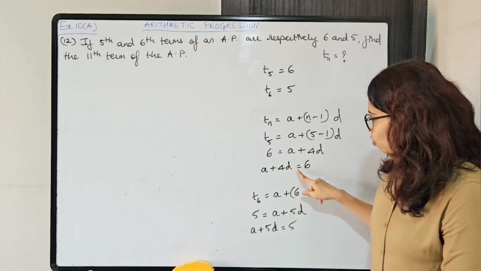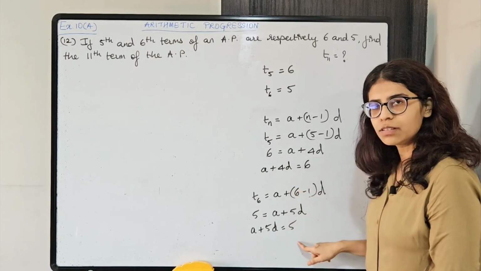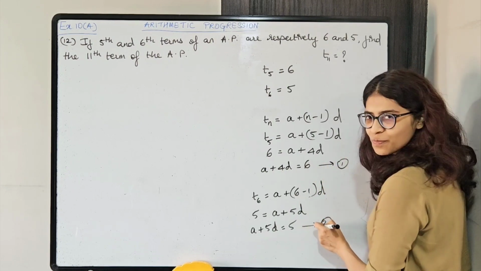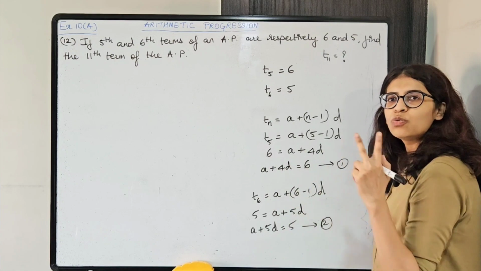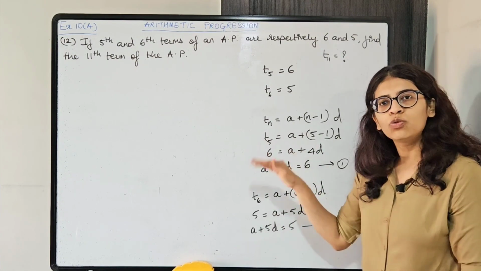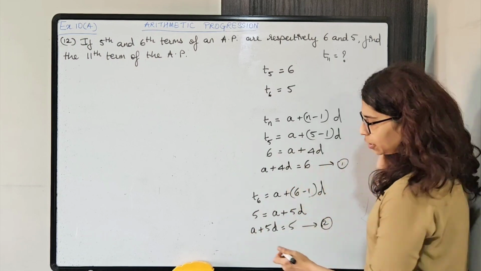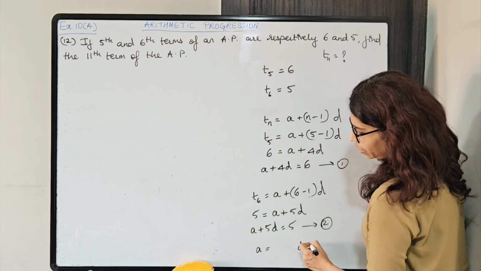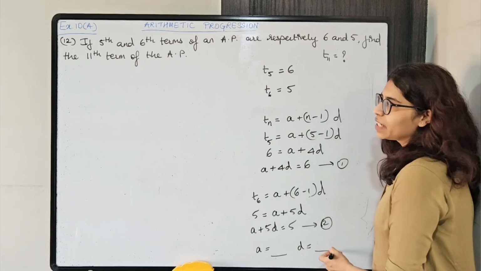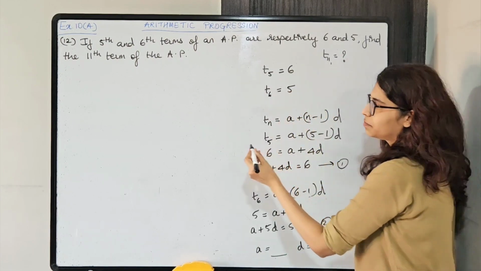All right, so we got two equations over here. Mark this as 1, this as 2. These are linear equations in two variables. Instead of x and y, you have a and d. Solve both, and you will get the value of a and the value of d. Once you get a and d, it's easy to find out T11.